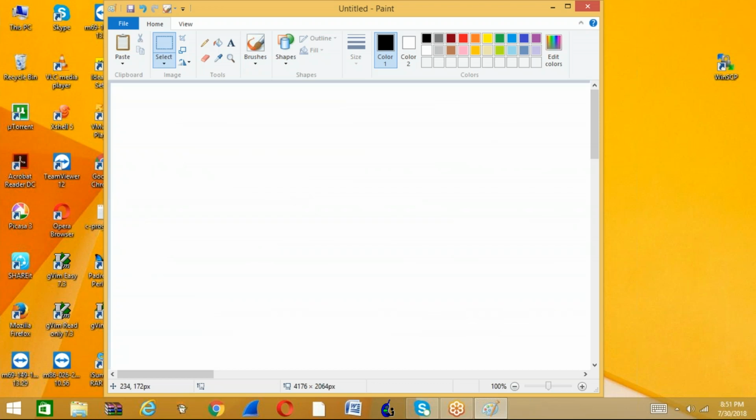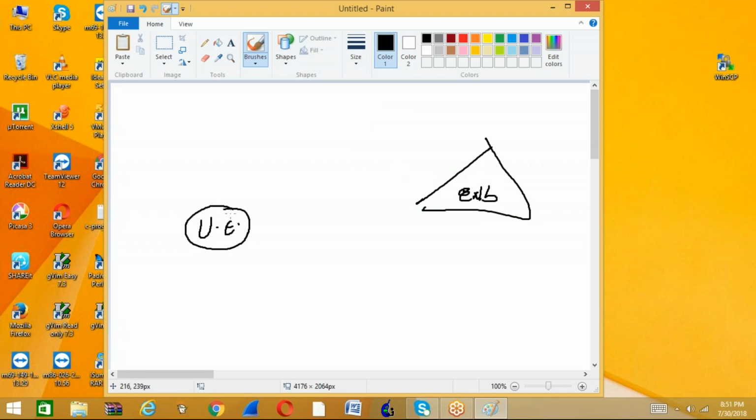So in today's discussion, we're going to concentrate on the base station, eNodeB, to UE, something between the mobile station and the base station.